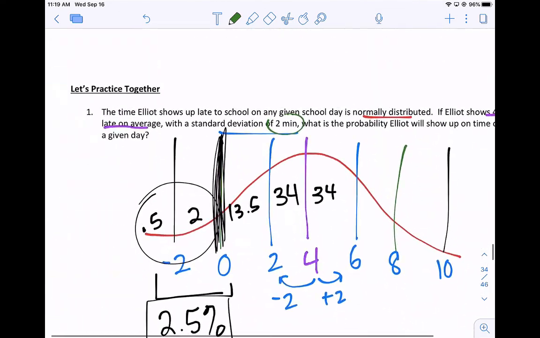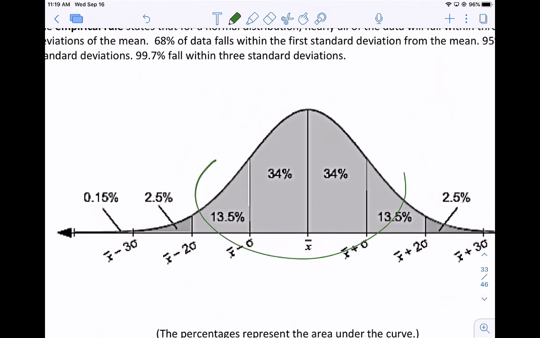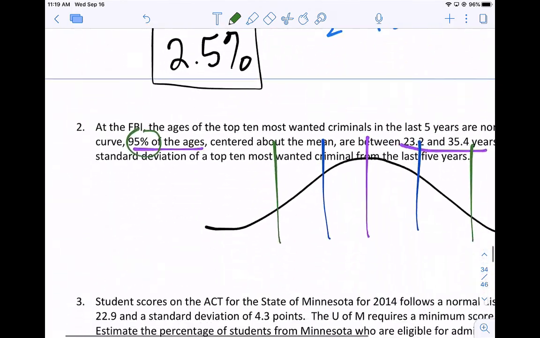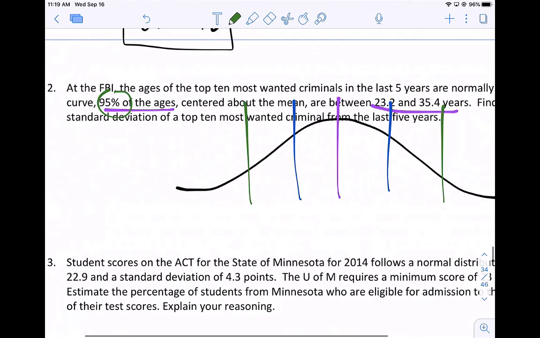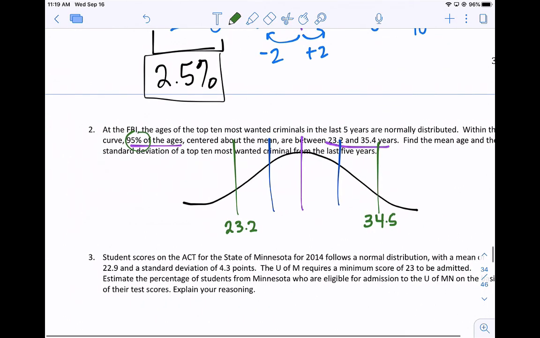Again, if we look at our chart right here and add these up, this is 95% of the data. Okay, so let's put those numbers here. So it's 23.2 and 34.5.